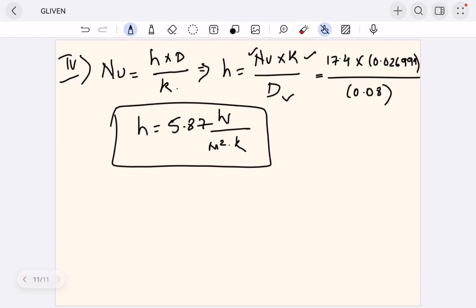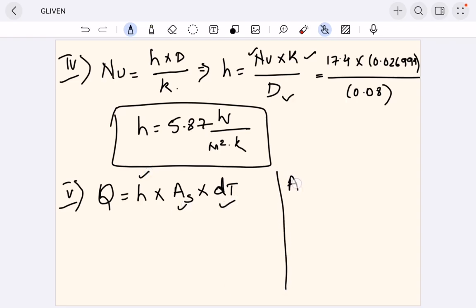Now I know that the heat transfer Q is via convection. So I know the formula, H times surface area times the difference in temperature. H is known to me, area is known to me, delta T is known to me. Area, by the way, is pi times D times L. So 3.14 times the diameter 0.08 times 6, that is equal to 1.508 meter square.